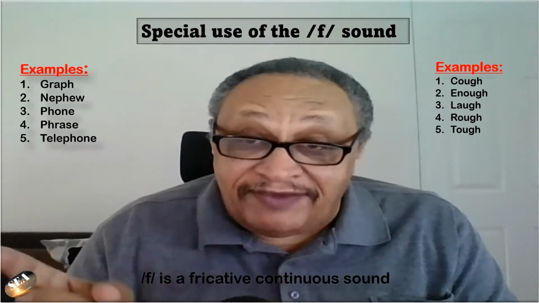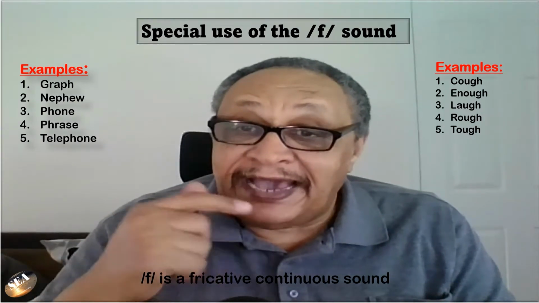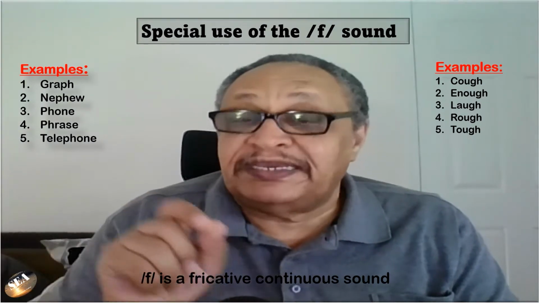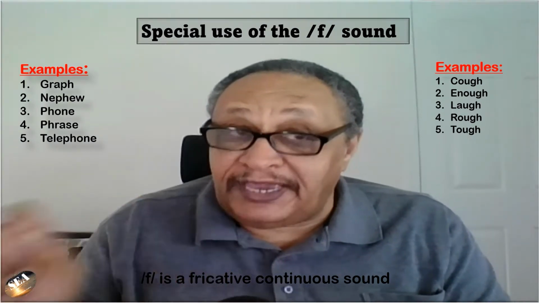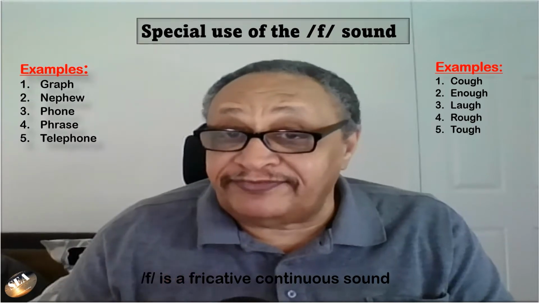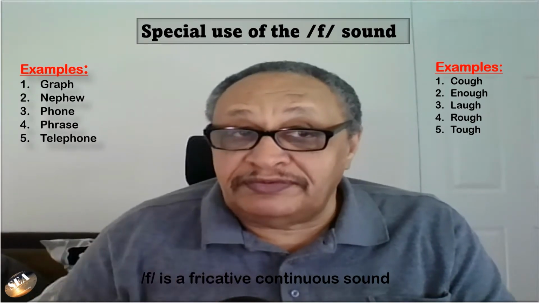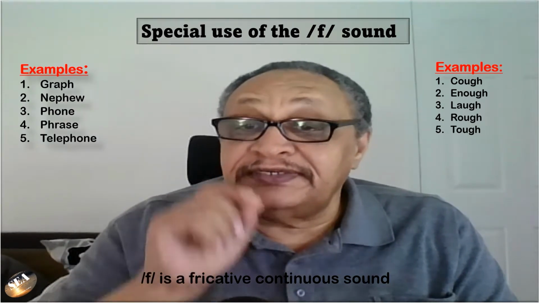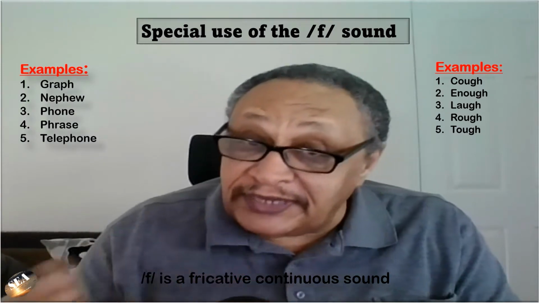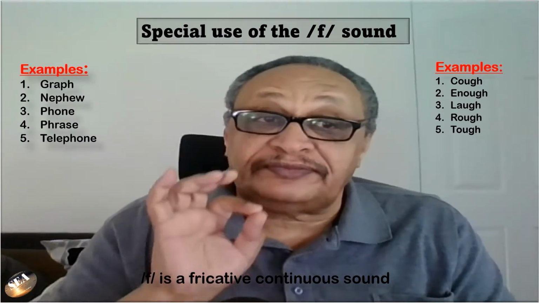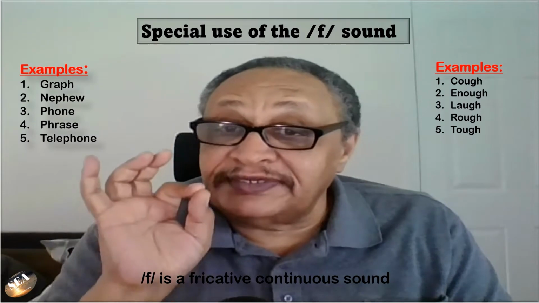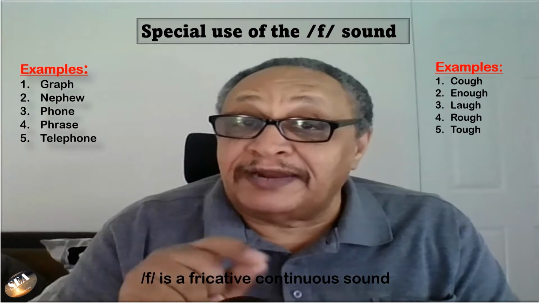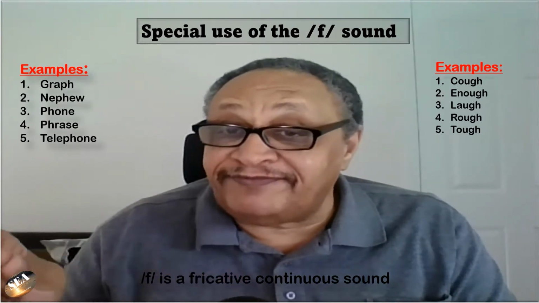There is no F, but they are pronounced as if there is an F. So in those words which contain the cluster PH, we can say graph, nephew, phone, phrase, and telephone. So those are words that contain the cluster PH, and this cluster PH is pronounced as an F sound.